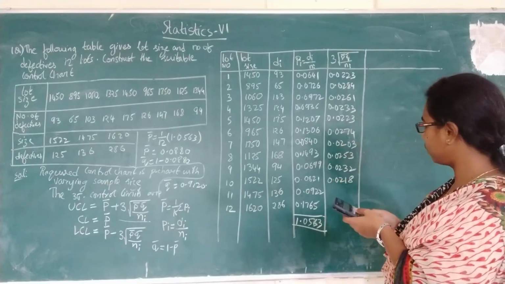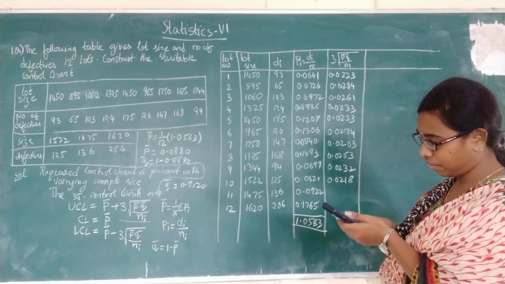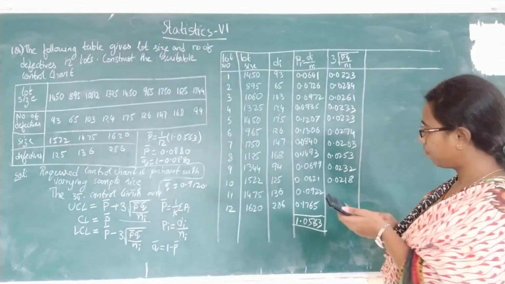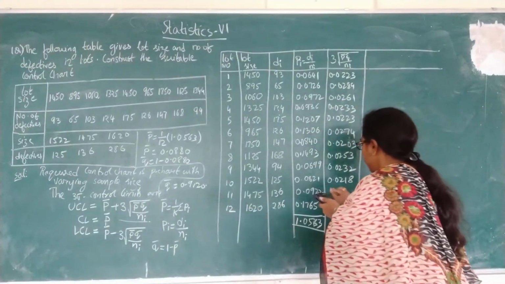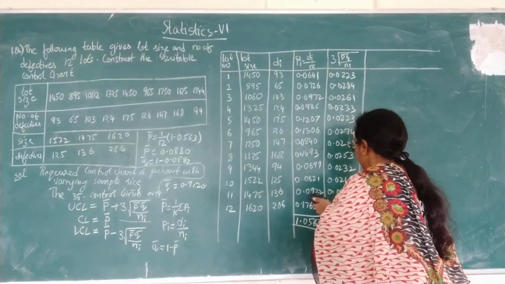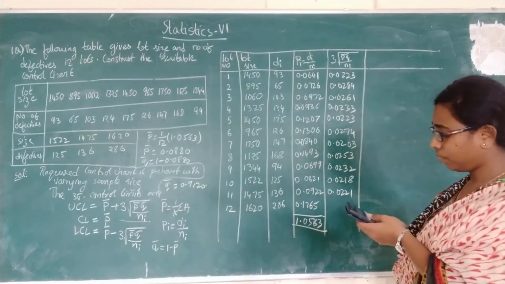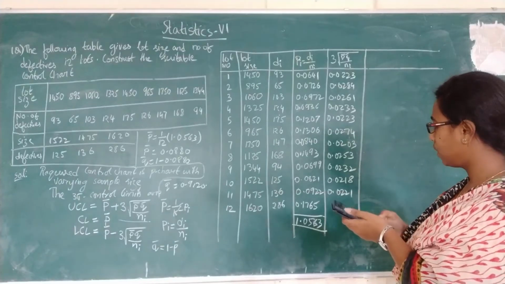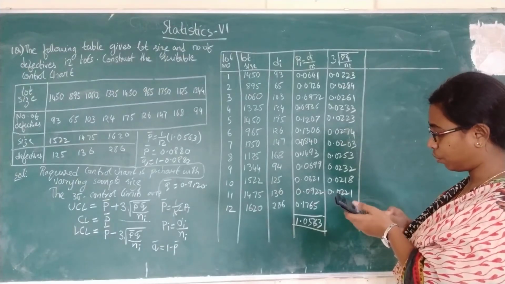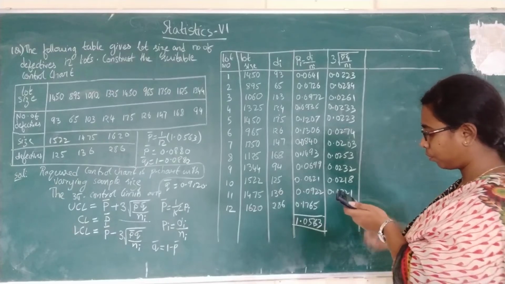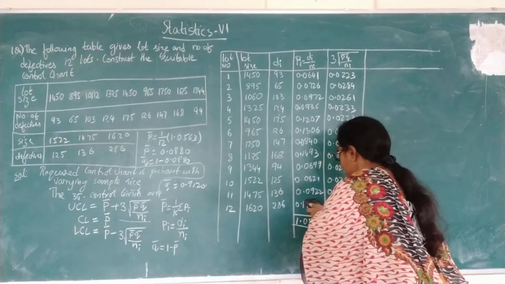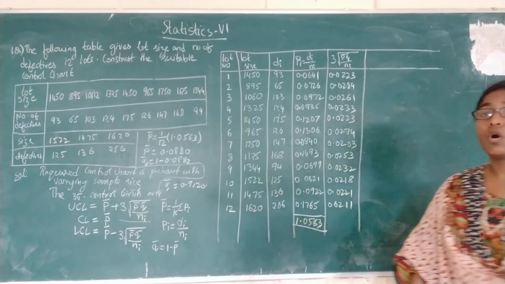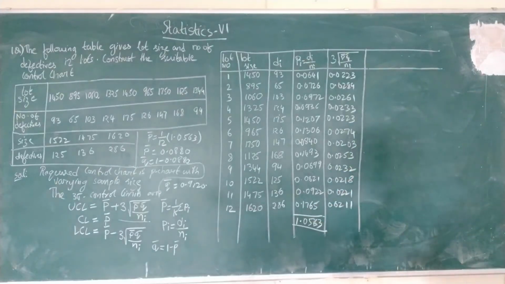The last is the second 1475: 0.0221. And the last one is 1620: 0.0211. So all the values are in between 0.02 only. Calculate carefully.